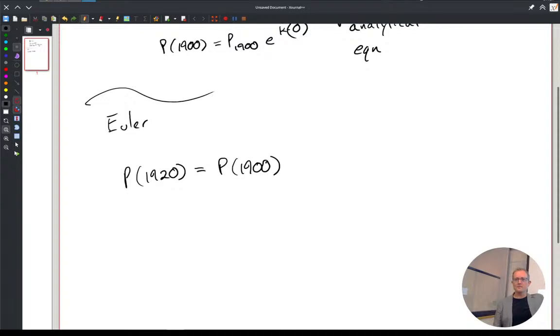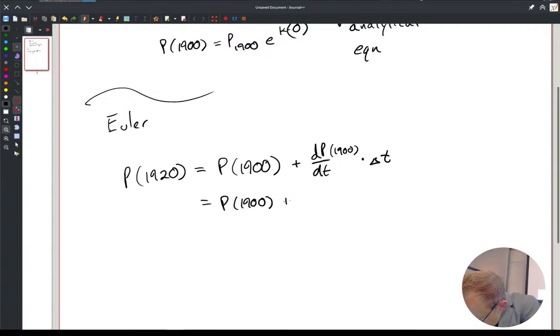But we'll do one better approximation than that and add dP/dt in the year 1900 times delta t. So P at 1900 plus k times P of 1900 times that delta t. And I'm going to do the same thing, like 1940 is P 1920 plus k times P 1920 times delta t. So that's 20 years again.